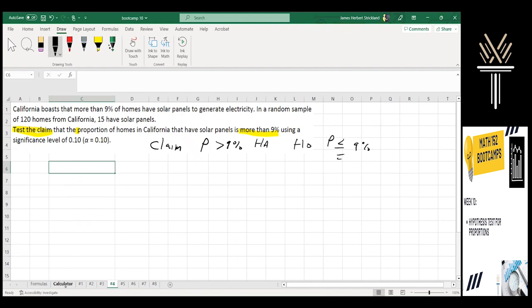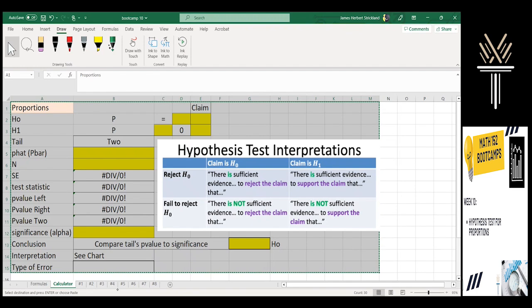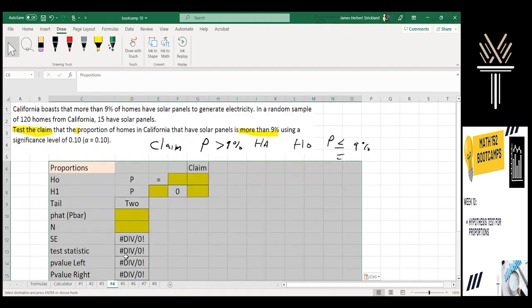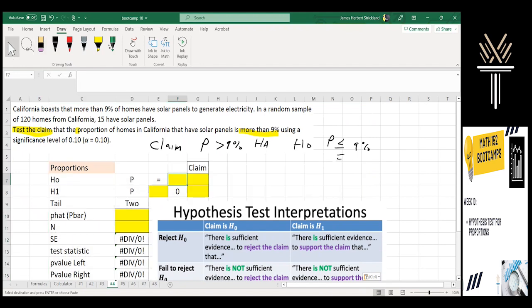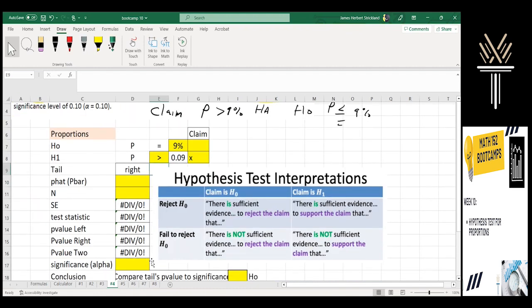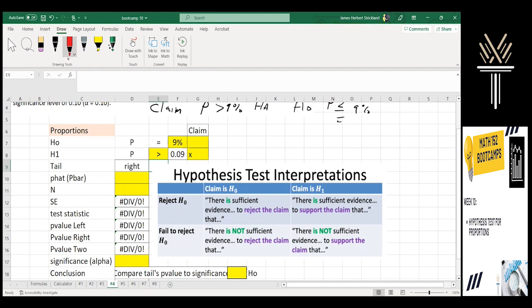Let's go get our calculator. Let's copy it, jump into the question, paste it, and start filling in what we know. We said 9%. The alternative came from the claim, and it was greater than. So again, we're looking for a right-tailed test.